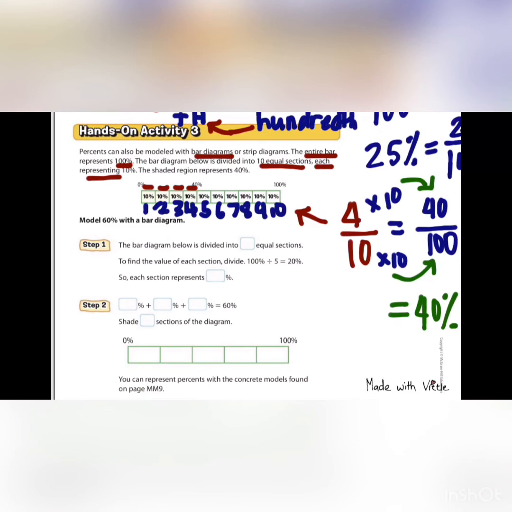So let's look at another example here. Model 60% with a bar diagram. Step 1. The bar diagram below is divided into 5 equal sections. To find the value of each section, divide 100% by 5 sections, which will equal 20%.